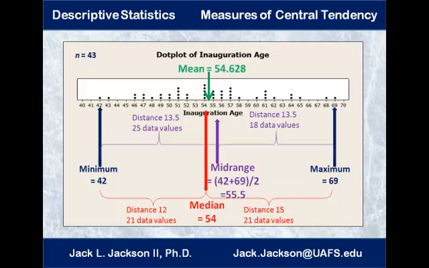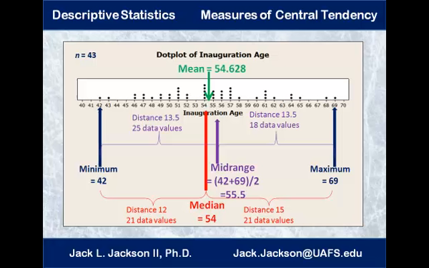And remember that just like if you're riding on a seesaw or teeter-totter, a lever, if you're way further out, then that's going to have more tendency to make the seesaw move up or down, as opposed to somebody that is very close in. And of course, the more weight or the more dots you have at a certain place, that's going to affect it as well. So the mean is the balance point for this.